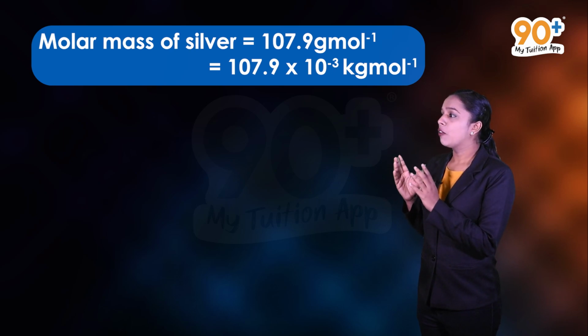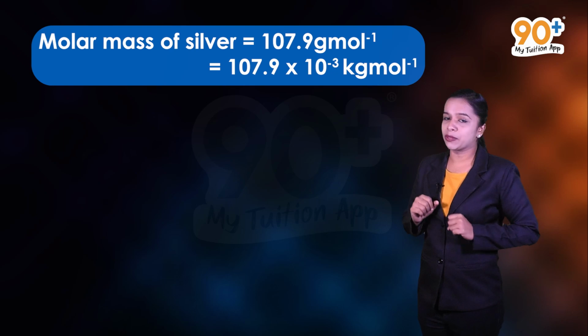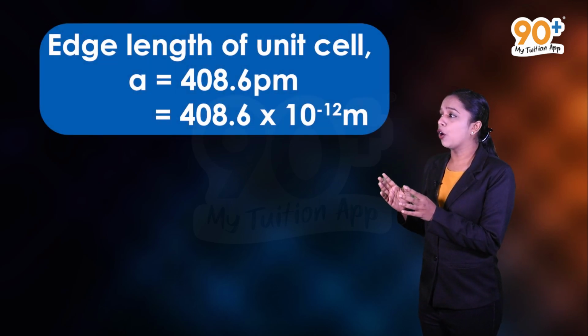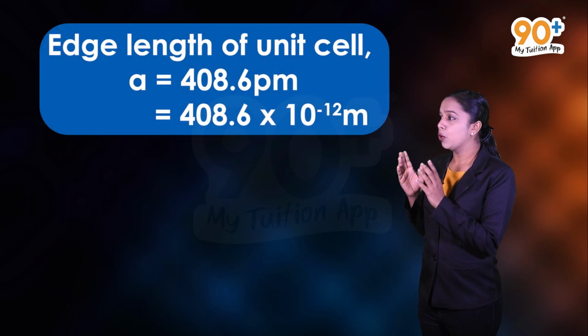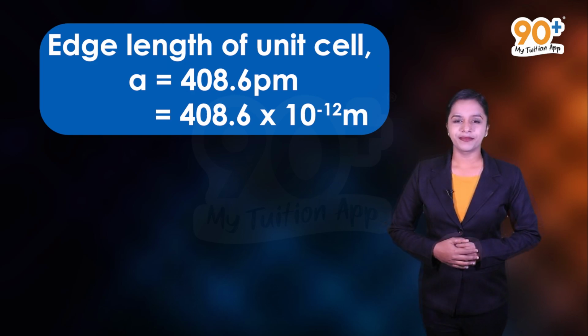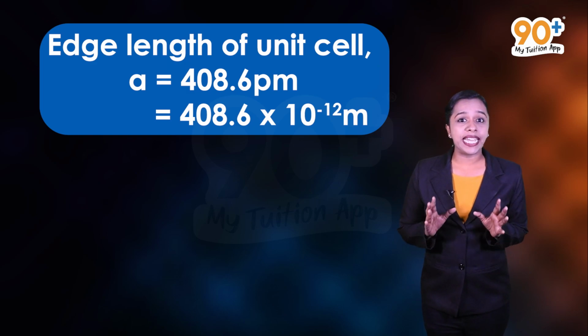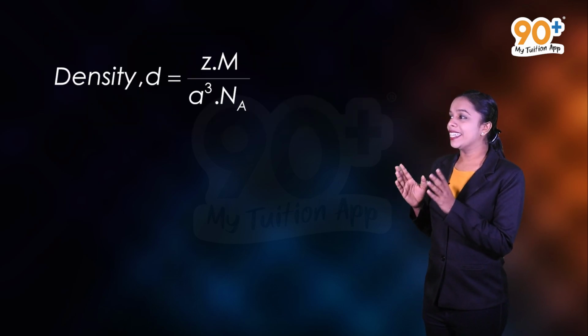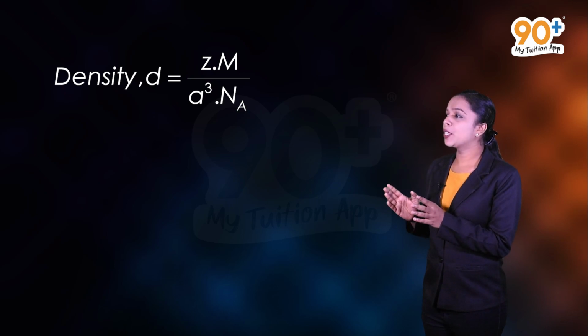That is equal to 107.9 into 10 raised to minus 3 kilogram mole raised to minus 1. The edge length of the unit cell, a, is equal to 408.6 picometer, that is equal to 408.6 into 10 raised to minus 12 meter. Well, as we know, density d is equal to Z M divided by a cube into Na.